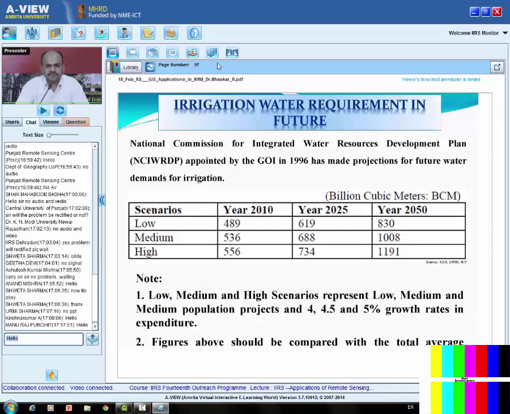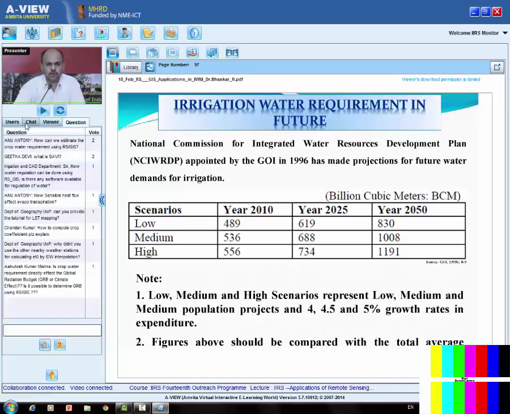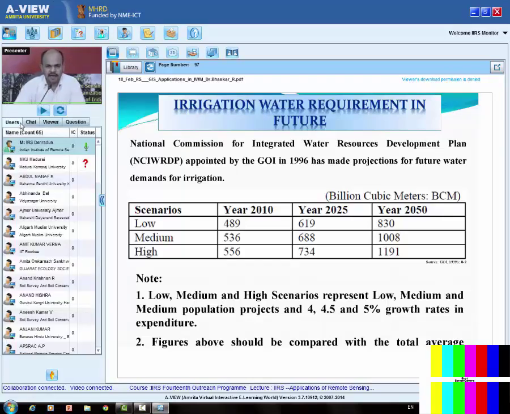The National Commission for Integrated Water Resource Development Plan has assessed what the demand for irrigation water will be under low, medium and high population growth scenarios.